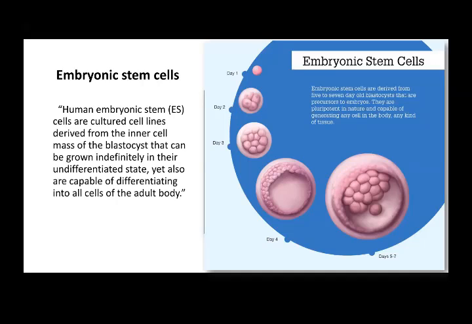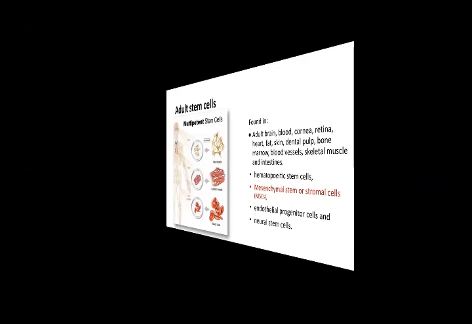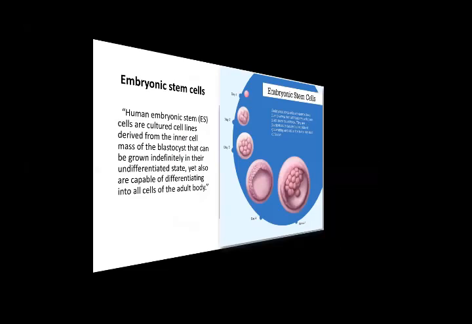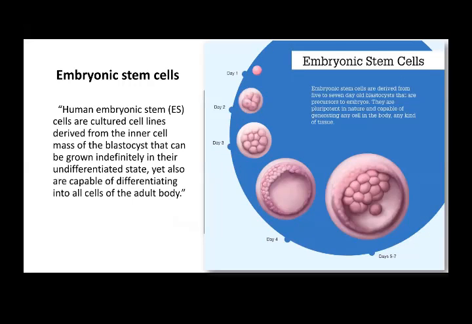Embryonic stem cells are pluripotent and give rise during development to all derivatives of the 3 primary germ layers. What are the 3 primary germ layers? Ectoderm, endoderm, mesoderm, that arise from the embryonic stem cell. Broadly, what we saw, this is important: totipotent, each cell can develop into a new individual.